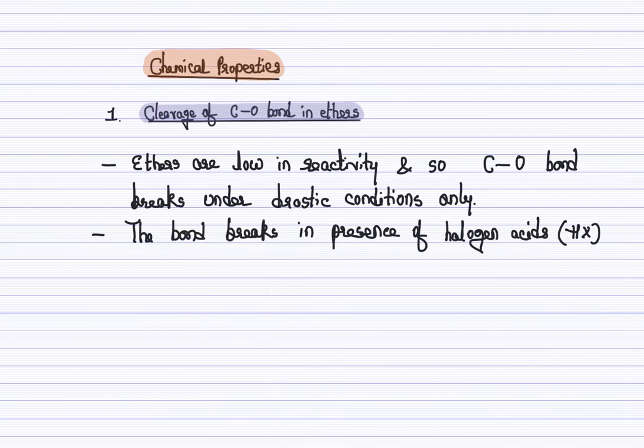The order of reactivity of halogen acids would depend on the acidity. The strongest acid reacts the most and the fastest. The rates are maximum. So these three halogen acids in principle can be used, and you know that the order of reactivity is excellent with HI because it is the most acidic of all three.